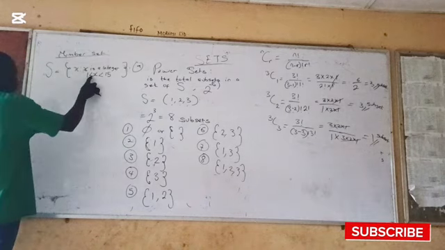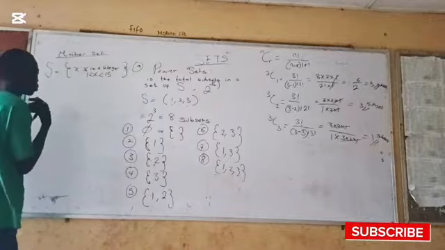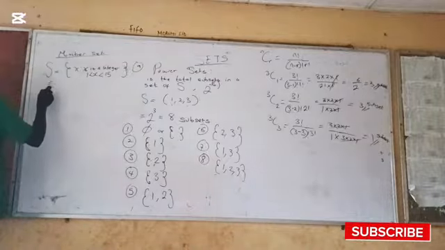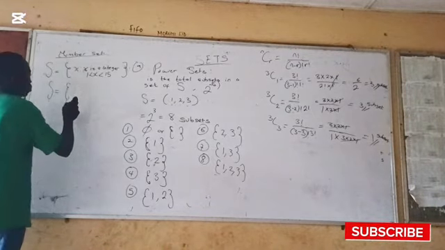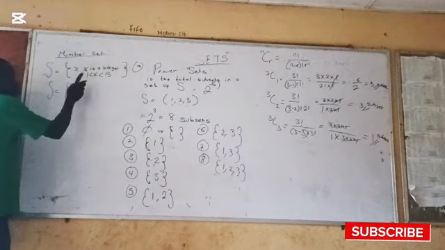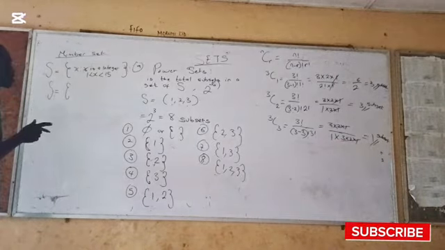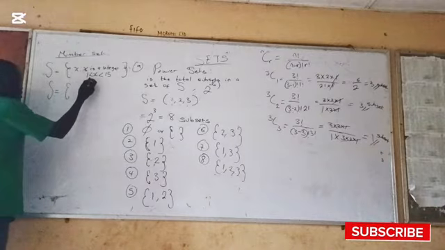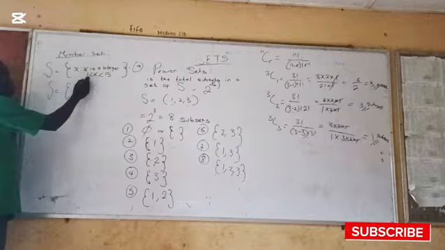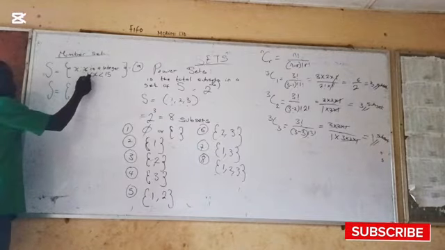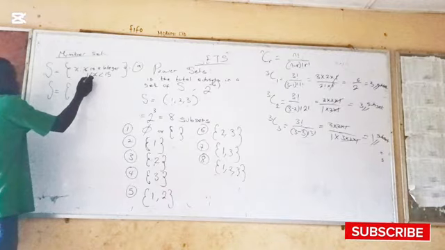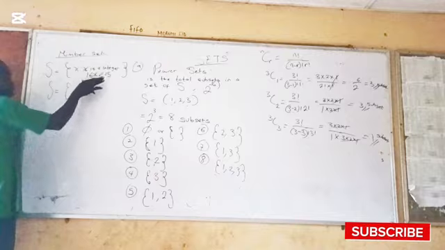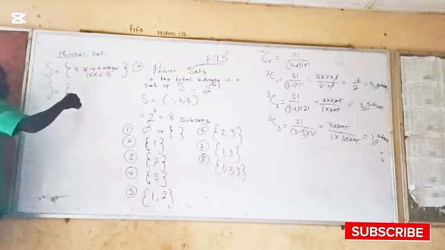So now, how do you write the elements of S from this? You look at this and here you have the inequality symbols. When you want to write the elements of this set S, you are not going to start from 1, you are going to start from 2. When you have a less than or greater than symbol but there is no equals to, you are not going to start with that number.